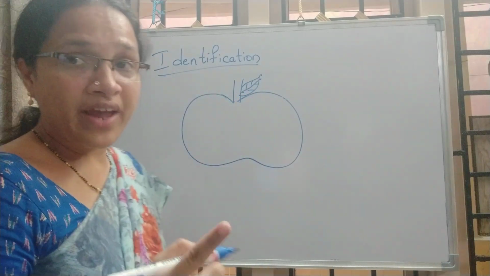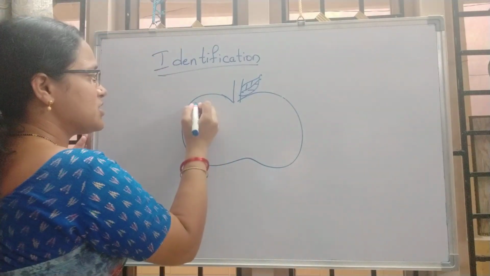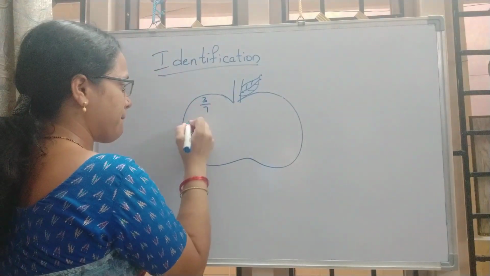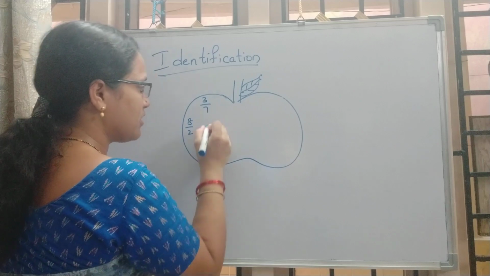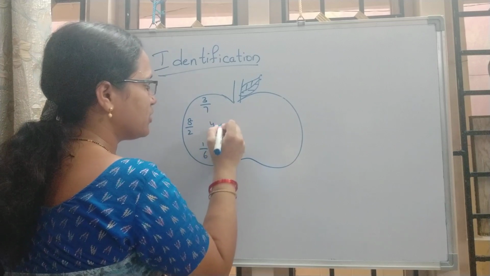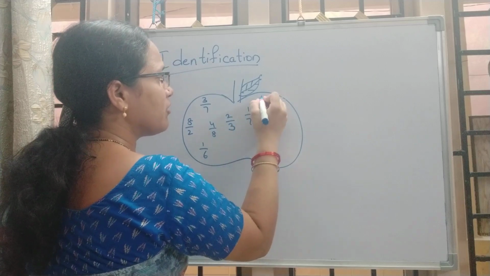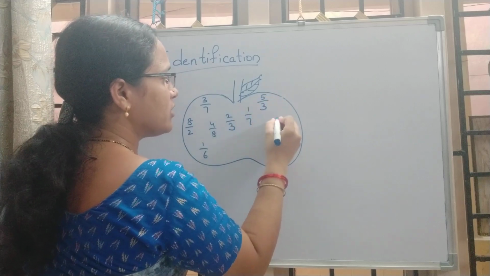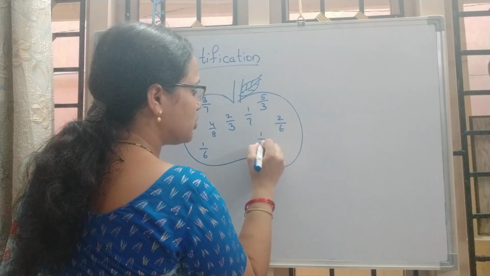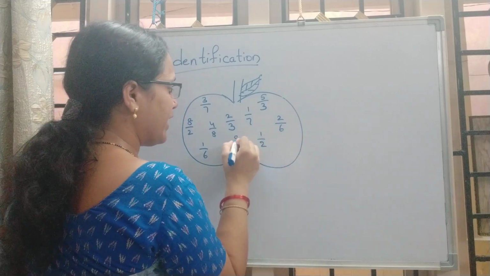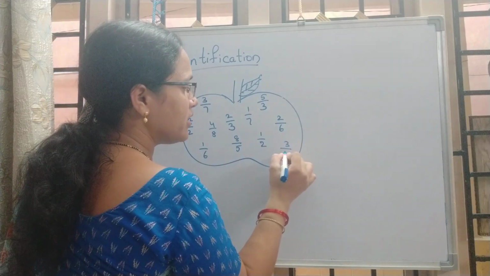Now I'm going to give you fractions which are filled inside an apple. 8 by 2, 1 by 6, 4 by 8, 2 by 3, 1 by 7, 5 by 3, 2 by 6, 1 by 2, 8 by 5, 3 by 2.